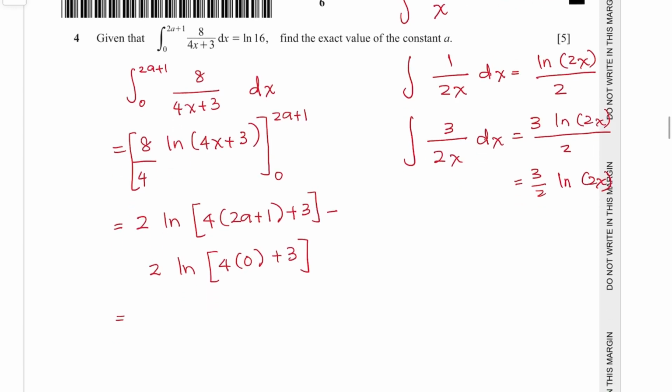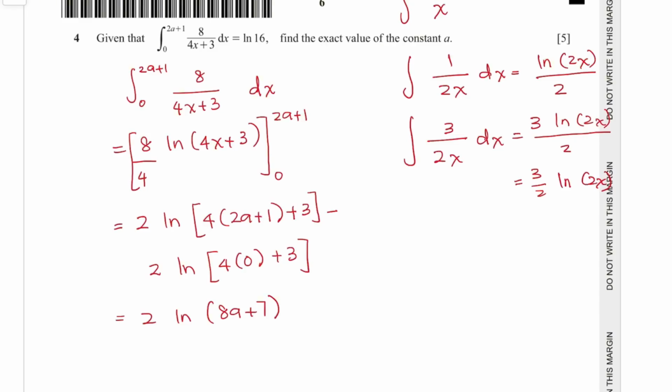So now it's just going to be expansion and substitution. 2 ln 4 times 2a plus 1 plus 3. That would give me 2 ln 8a plus 7. Yes? 4 times 1, which is 4, plus 3, that is 7.